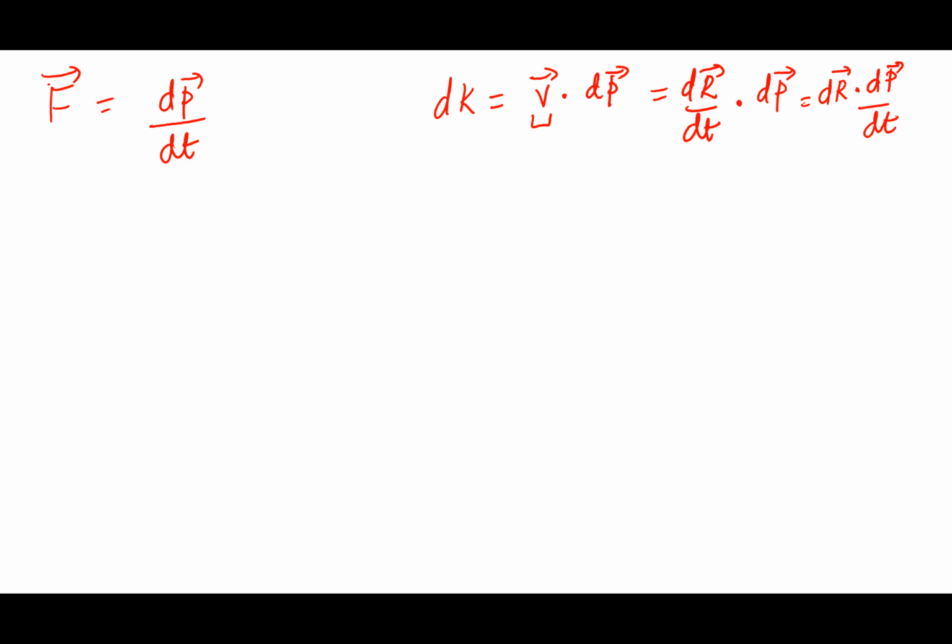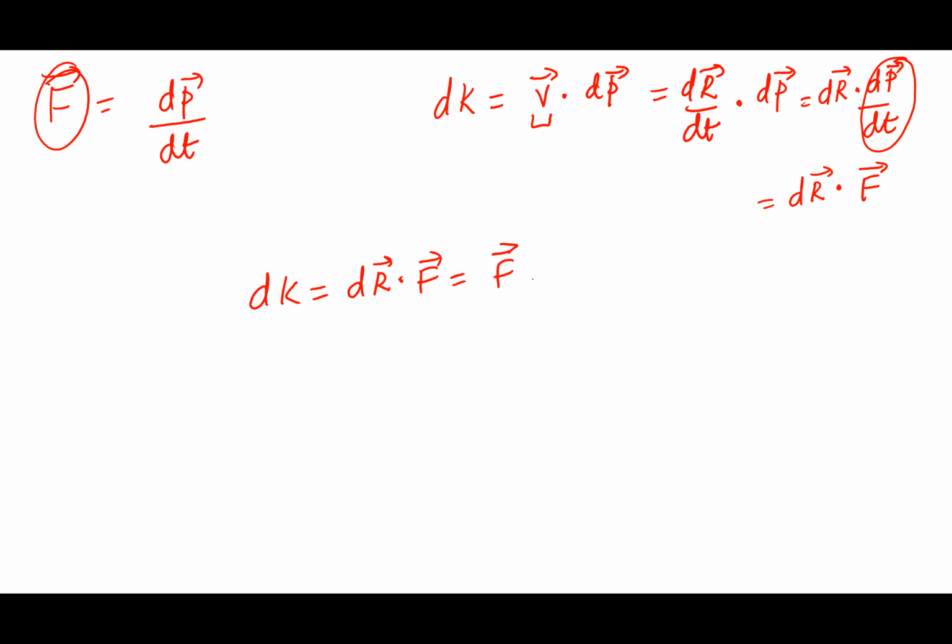But now dP by dt is the force from Newton's second law. So then I can write this as dr dot F. So I can write dK as dr dot F, which is the same thing as F dot dr, because a dot b is equal to b dot a. Are you able to follow that?